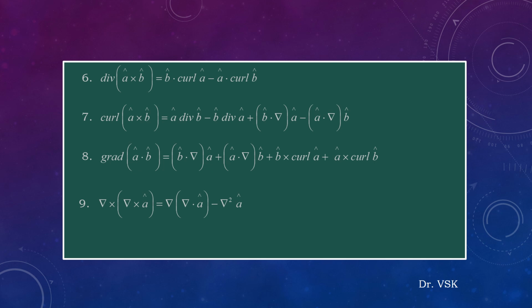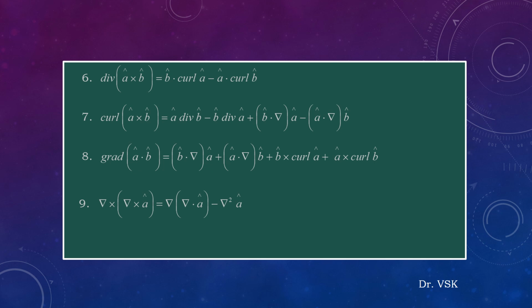If we observe the RHS, there are 4 terms. Each term is a vector field. So the RHS is also a vector field. So this identity is a vector identity.